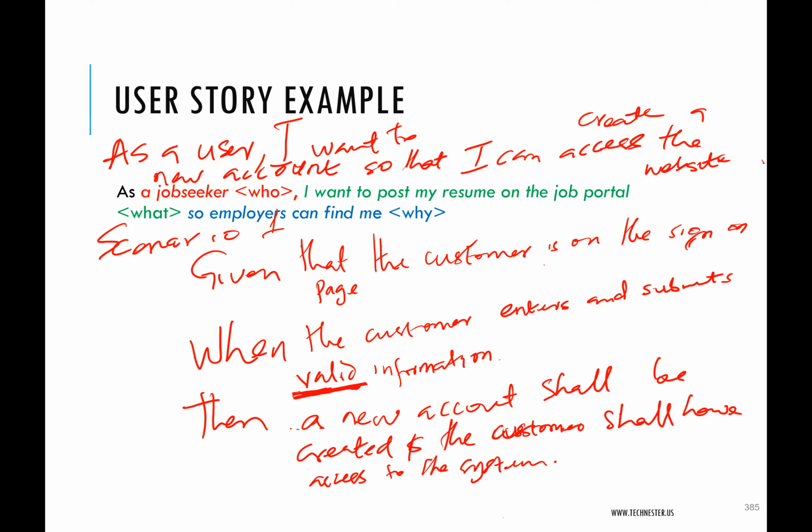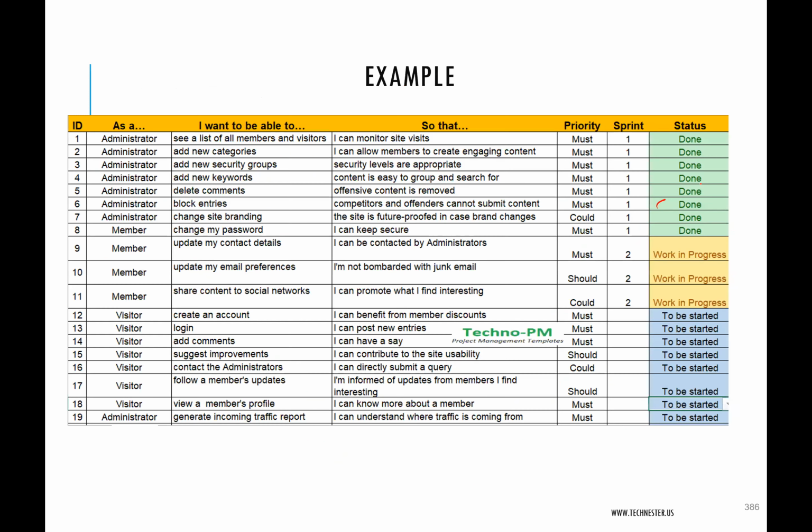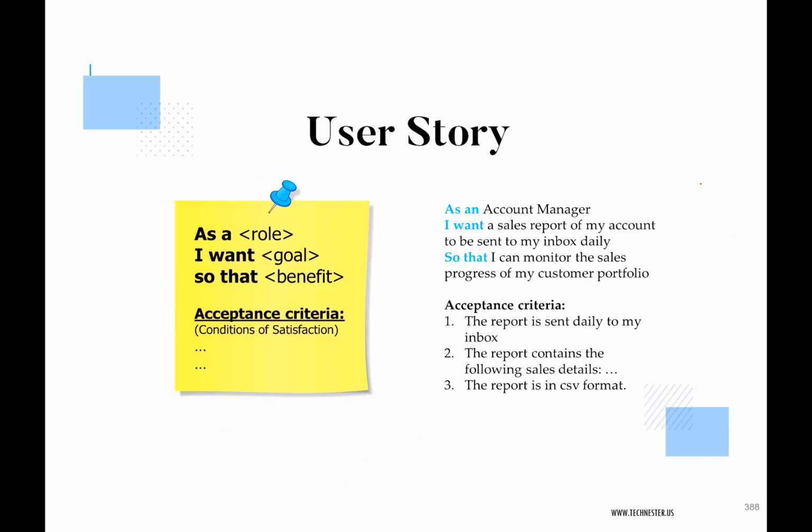When the customer enters invalid information, you have to now create a scenario for that. So scenario one, customer enters valid info. You have to now create a separate scenario, scenario two, where the customer does not enter valid info.